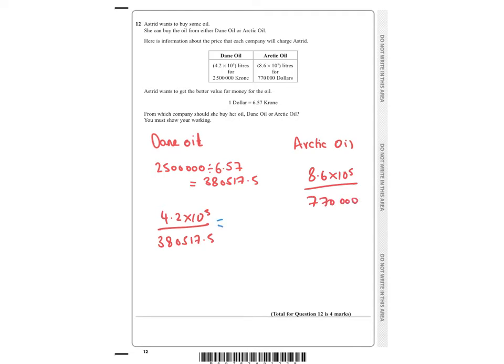So for Dane Oil, I'm going to get 1.103, and then for the Arctic Oil, I'm going to get 1.1168. So we can see which company she should buy her oil from, Dane or Arctic Oil. We should find which one is cheaper.